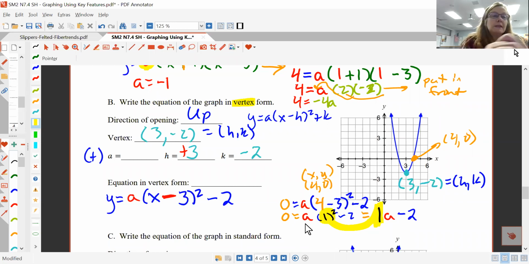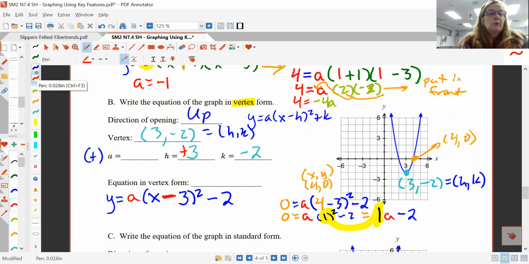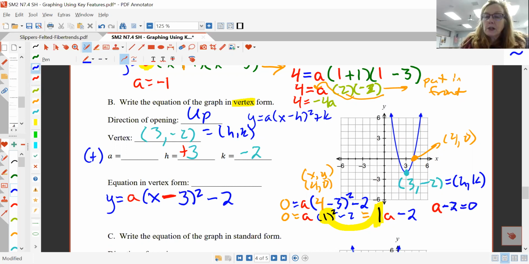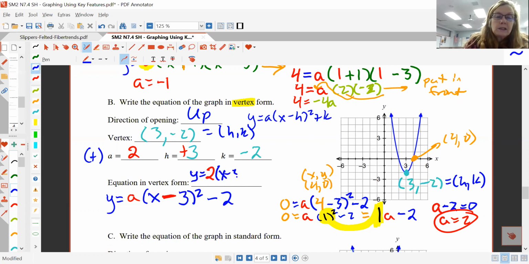So now I'm just basically solving. If I look at what I'm solving, I'm pretty much solving A minus 2 equals 0. So add the 2, and what I end up with is A is 2. Okay, so my final equation is Y equals, A is now the actual value of 2, so I found that parameter, X minus 3 squared minus 2.